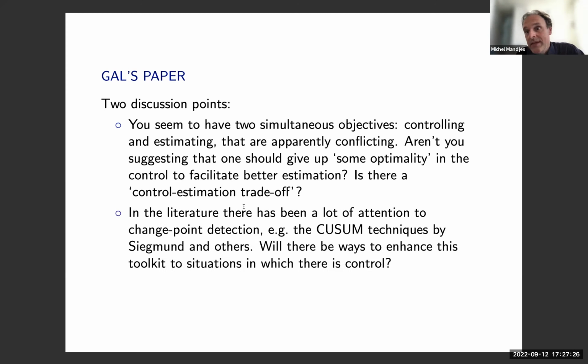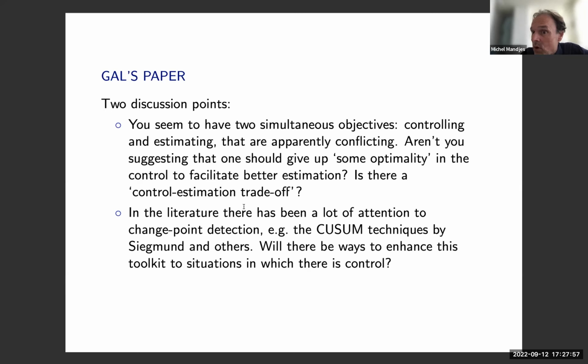The second thing that we could discuss is a bit more of a methodological nature. Detection is one of the more classical statistical problems. There is a lot known about detection of change points in the context of a random walk. There is this framework of David Siegmund from the 1970s and 80s, but that is really for uncontrolled systems.